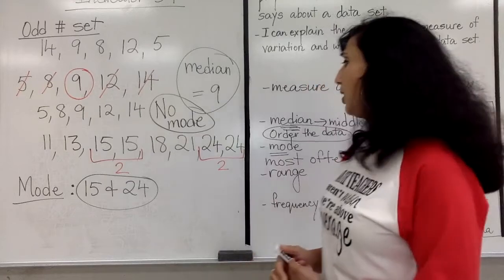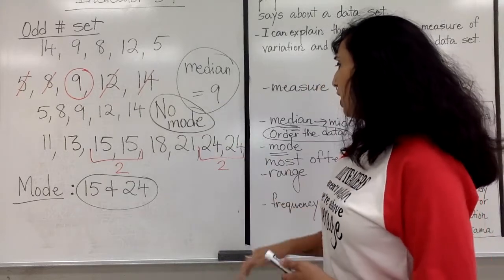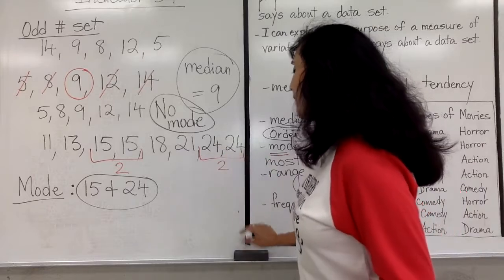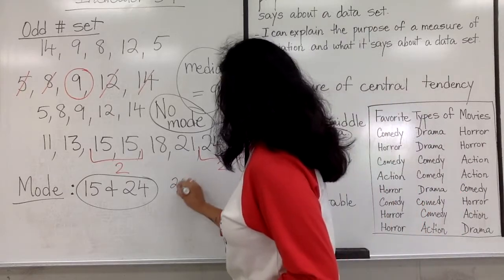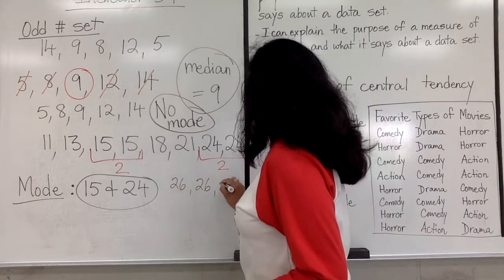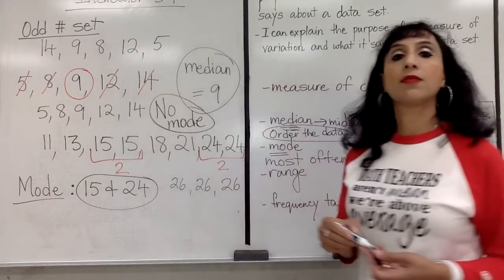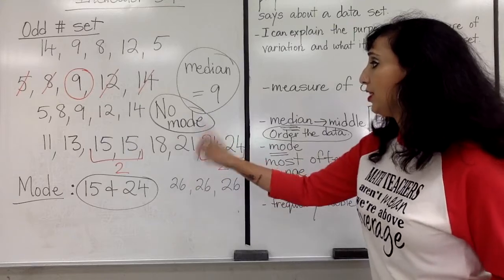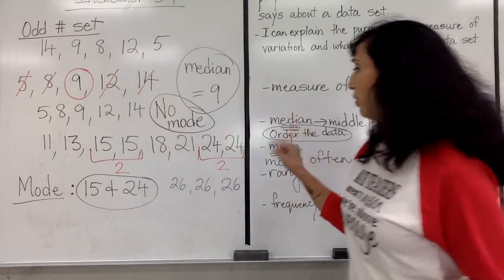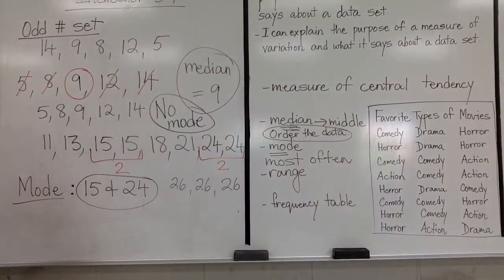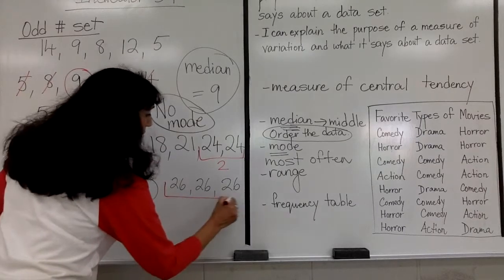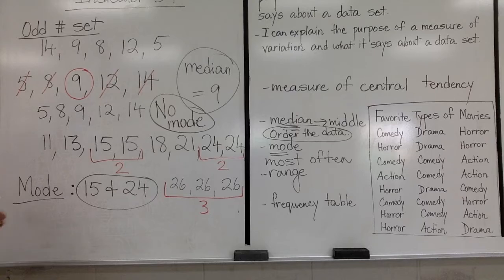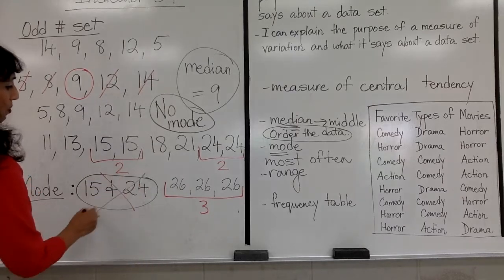Okay, let's say I took this one and I added on. So if I have this data now, 11, 13, 15, 15, 18, 21, 24, 24, and then I have 3 of the 26, then guess what? It will not be this anymore.